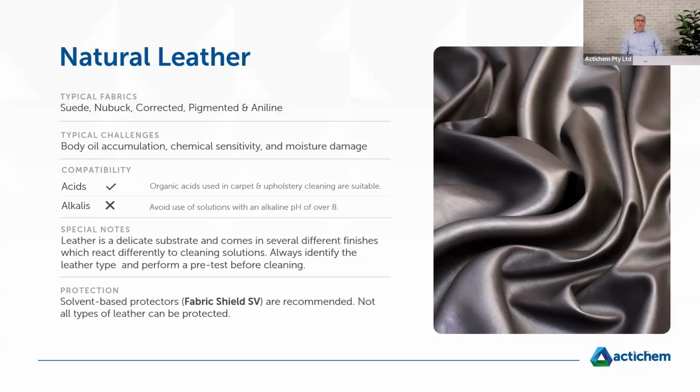So we absolutely need to make sure that we understand what type of leather we're cleaning. Not worth taking any risks, because if you get it wrong with leather, it's very, very difficult to reverse, if at all. And then there is the protected leather, which is somewhat more robust and easier to clean.